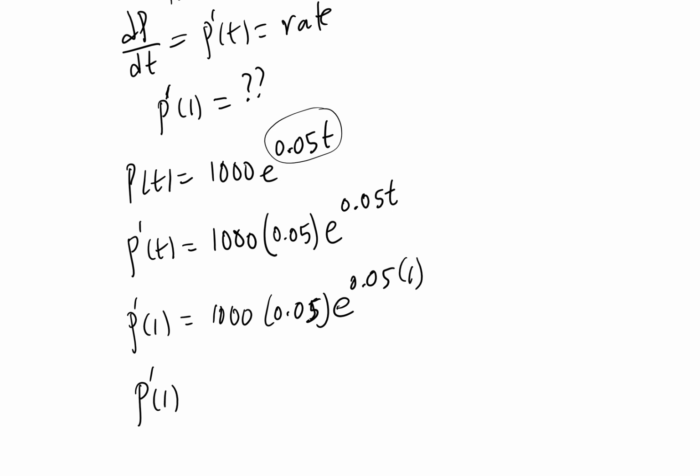Then P prime at 1 is about 52.56 per year.